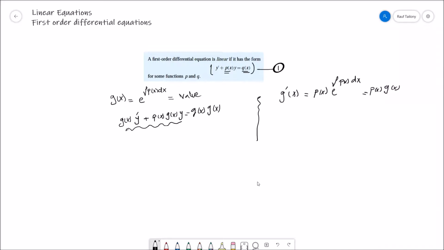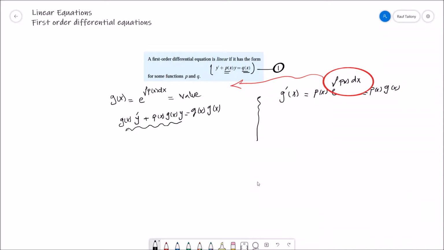So let's change the color. If we look here, this one is basically the function g of x itself. So g prime of x equals p of x multiplied by g of x.